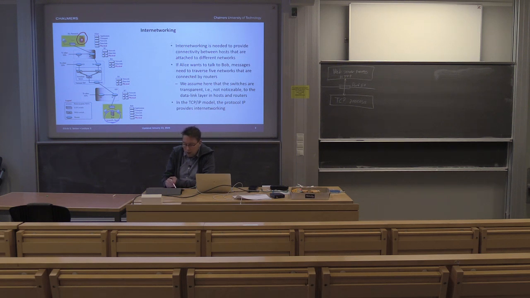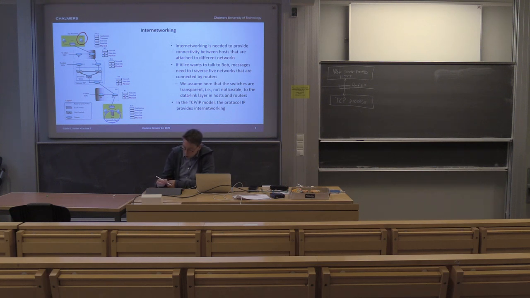So Alice has a need to communicate with Bob. Bob is attached to a local area network, which is attached to an internet service provider over a wide area network into another wide area network with another service provider, and a third service provider over here with another wide area network, and then it goes into the local area network where Alice's computer is attached. So how does information go from Alice to Bob and vice versa? How do we get this to work?